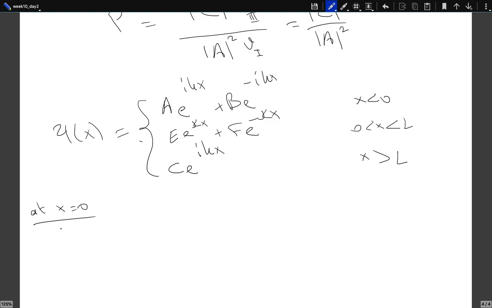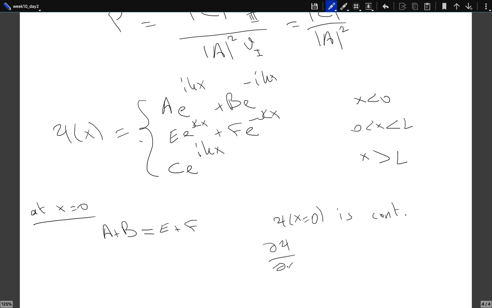Well, to the left of x equal to 0, my wave function is just A plus B. To the right of x equal to 0, my wave function is E plus F. So psi at x equal to 0 is continuous.